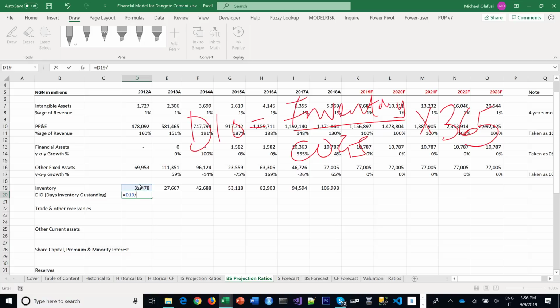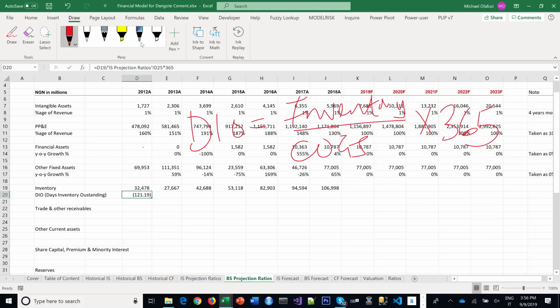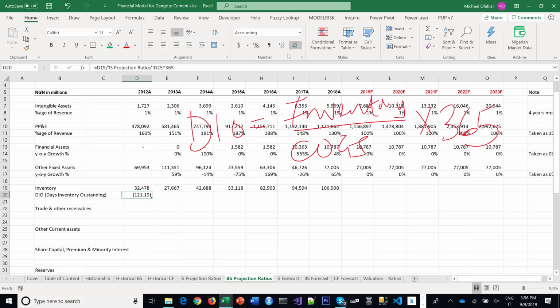The inventory divided by the cost of goods sold, right, times how many days in a year. Maybe I take out the decimal point. So it's showing in negative anyway. If you worry too much about that, maybe we can put a negative before it. So you see, it takes Dangote 121 days to convert inventory into sales.